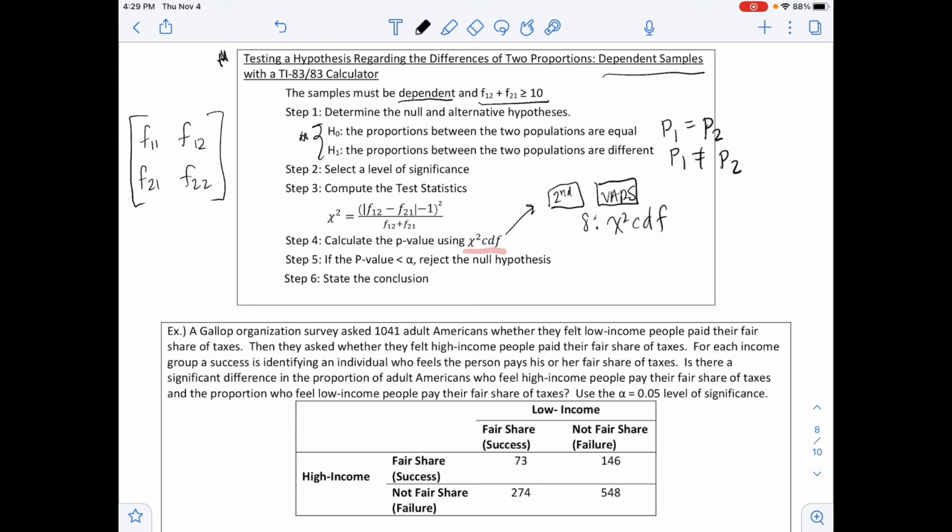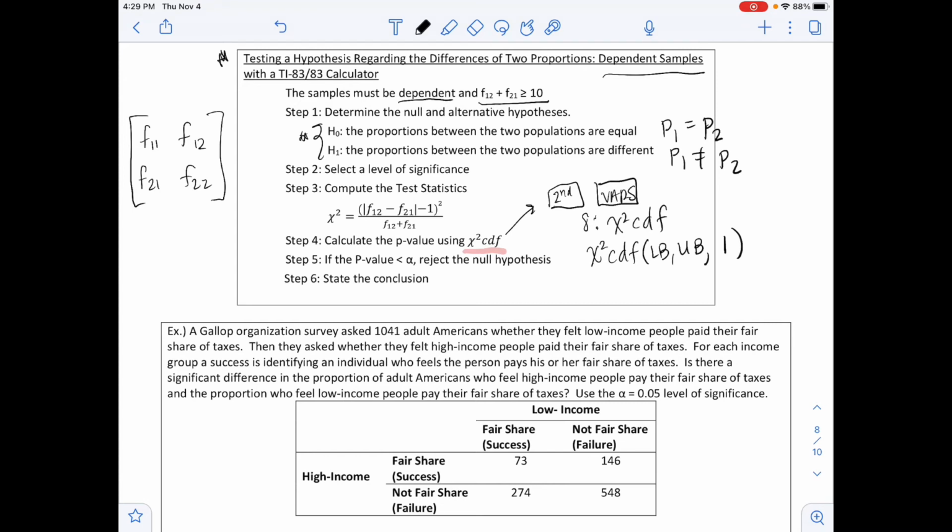And for chi-squared CDF, you are going to have your lower bound, your upper bound, 1, which is our degrees of freedom, and that's because it's a 2 by 2 matrix, so subtracting 1 from your rows and 1 from your columns and multiplying them together, you would have 1. And because we're dealing with chi-squared, if you remember, it is not symmetric.